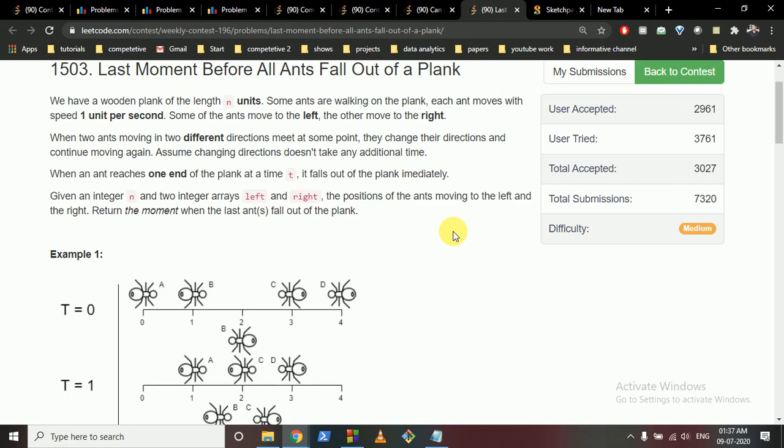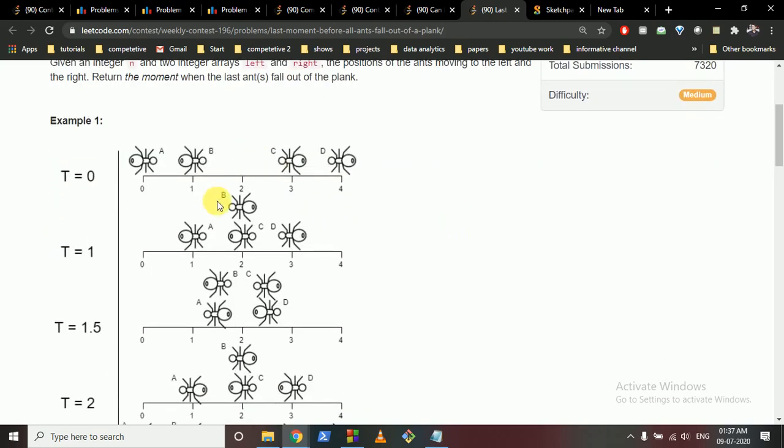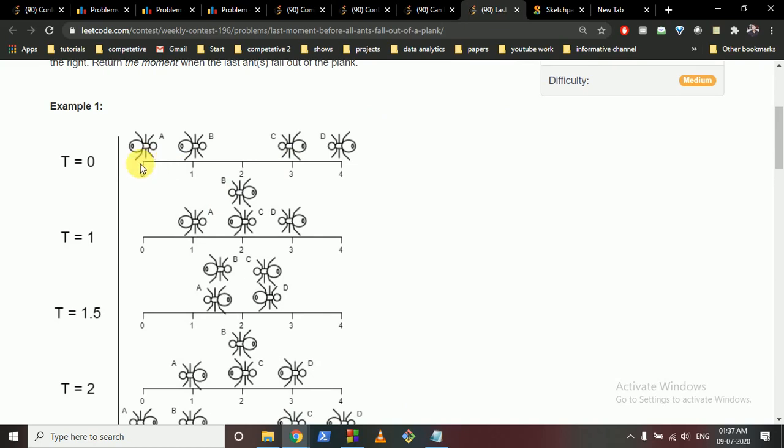You can see with this example there are 4 ants. The first ant is at this position, second at this, third, fourth. This one is moving to the left and these are moving to the right. When they coincide at this point, at the next second they will both move to this point, coincide, and again start moving in the opposite direction. So this ant moved like this and this ant will move like this.